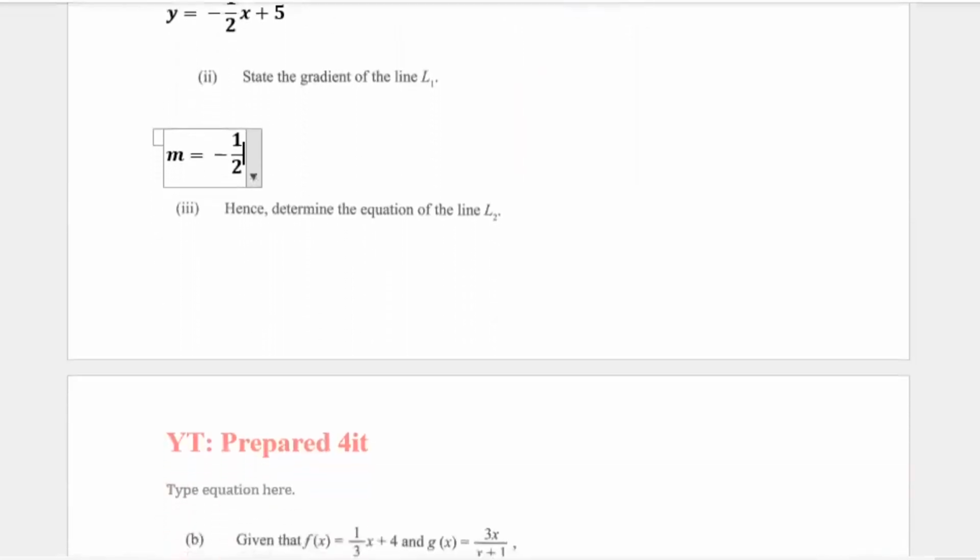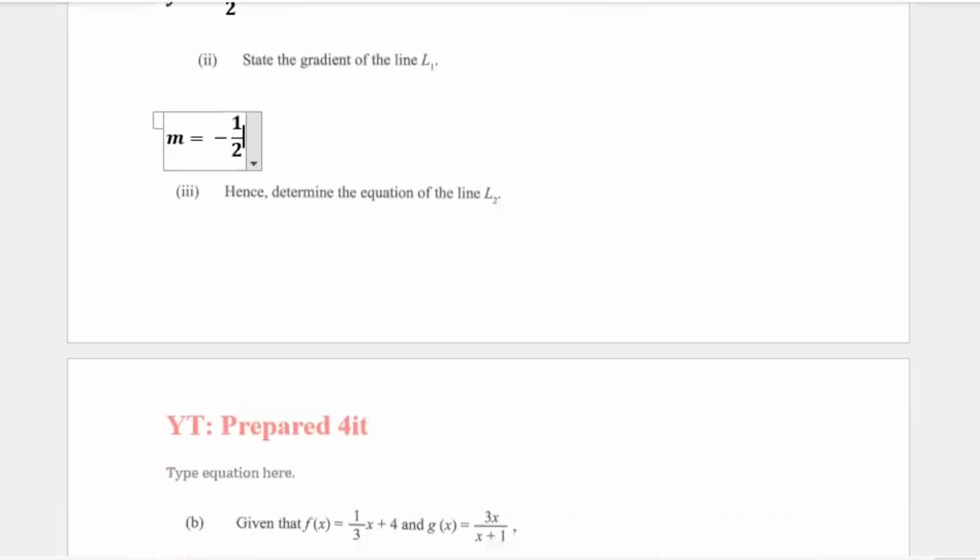So they want us to determine the equation of the line L2, and Selena says 2x minus 5. Very good. So first things first, what is our gradient for L2?